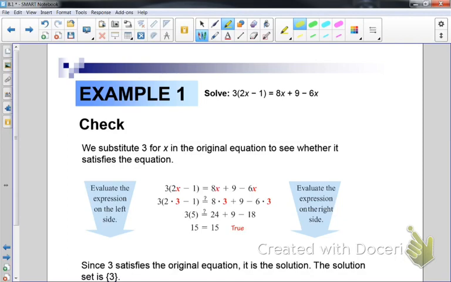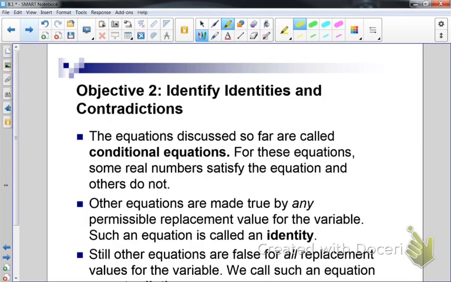If I substitute 3 for x, both sides will equal 15. So it works, okay? And I encourage you again to please make sure that you do that. The other 2 possibilities are when we have what is called the identity. So far we've talked about number 1, when you have x is equal to a number, and this will work.